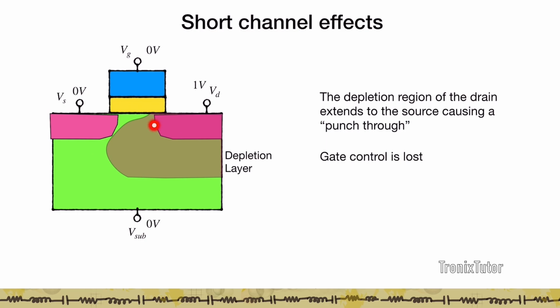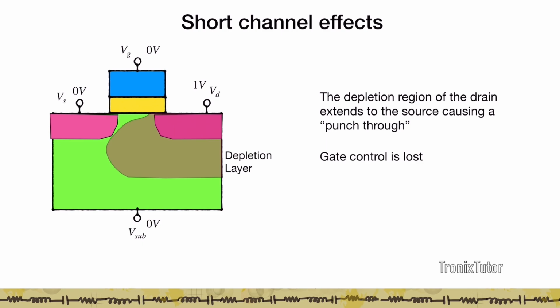Now if I reduce the gate length of the device without changing the voltage, the depletion layer of the drain can sometimes extend all the way to the source, and this is known as punch through. When this occurs, there is a large field between the drain and source and a path for the carriers to go through. So you have a lot of leakage, or a large current, that flows through this sub-channel region.